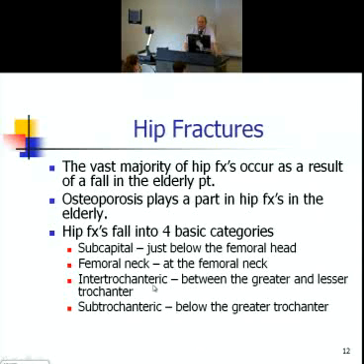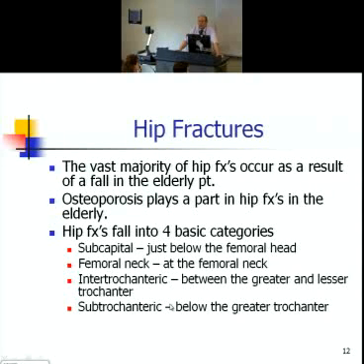The intertrochanteric fractures lend themselves very nicely to a plate and screws. Sometimes a femoral neck fracture is impacted. So in other words, the two fracture fragments are driven into one another.